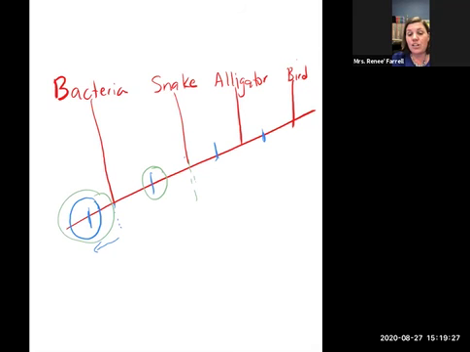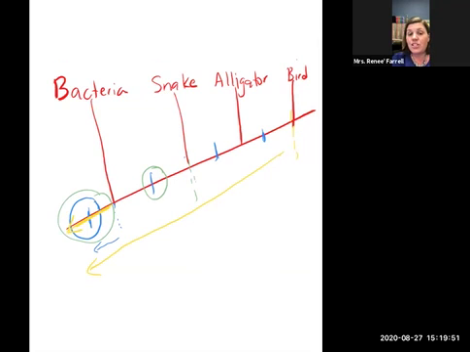Now if I asked you about the bacteria and the bird, how many shared characteristics they have, it would be the same thing. We come right up here and look. The bird's going to have all of these characteristics below it, but the bacteria only has the characteristics below it. So the bird only has one characteristic in common with the bacteria.